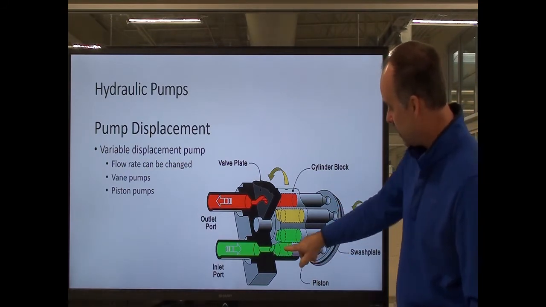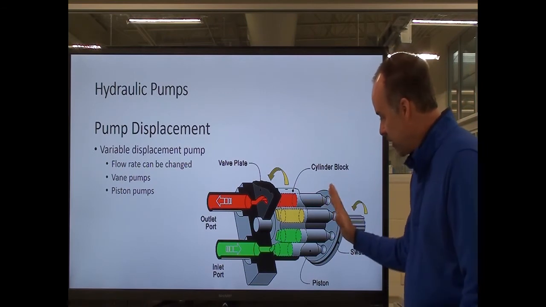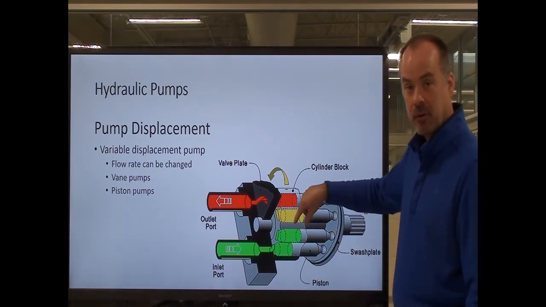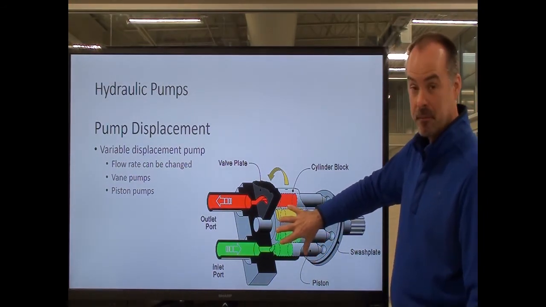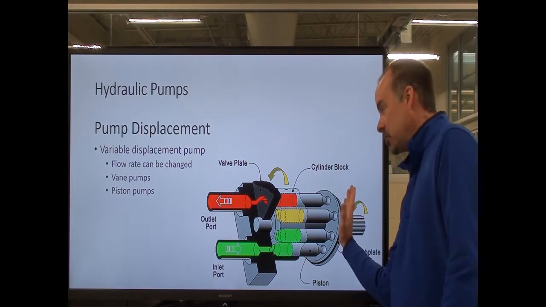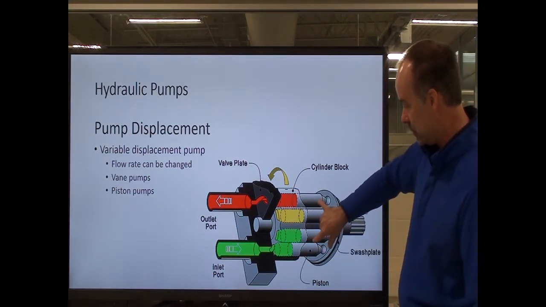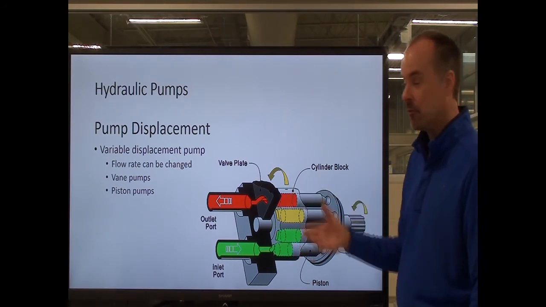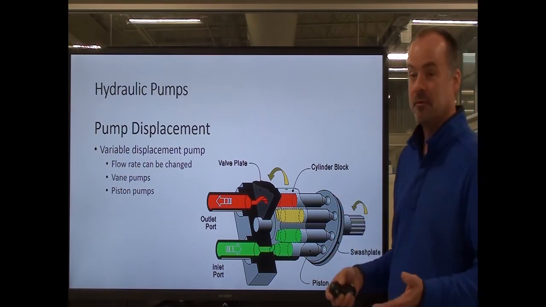At that angle, it's moving these pistons a set amount. If I change this angle on the swash plate, then my pistons aren't moving as far. And I can fix it to where this pump is not pumping very much, or I can put a large angle on the swash plate and create a larger stroke on the piston, which pulls more fluid in and moves more fluid.